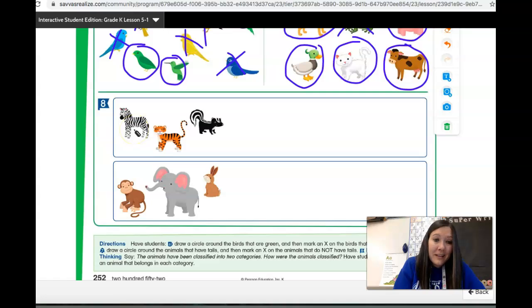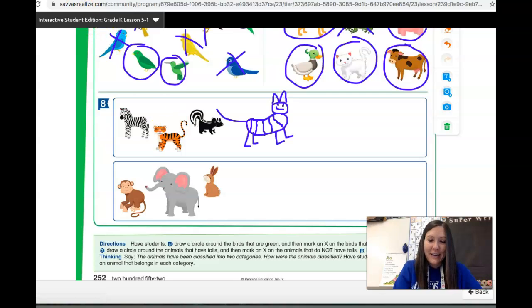Well, I guess the ones on the bottom do too. They also all have a tail, but these animals down here do too. So I think the thing that these animals up at the top all have that are the same is that they're animals that have stripes.